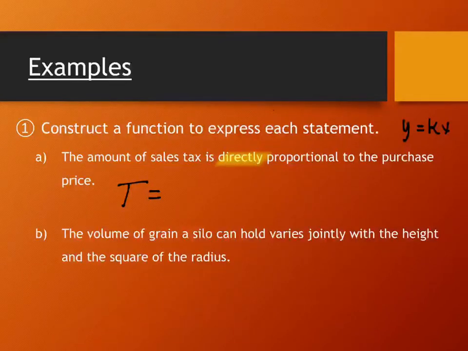Okay, K, unless we're given a value, is always going to stay K. And then it says it's directly proportional to the purchase price. So what letter might you like to use for purchase price? P would be great. T equals KP. It's the whole problem. Okay?